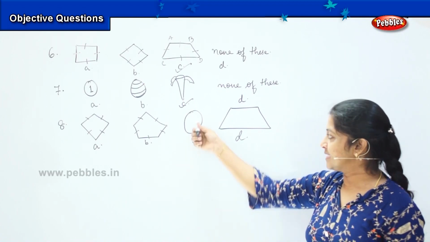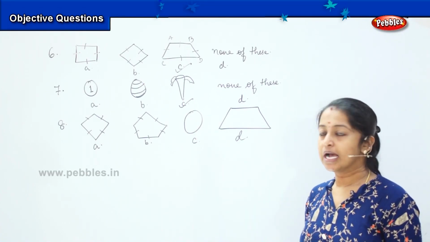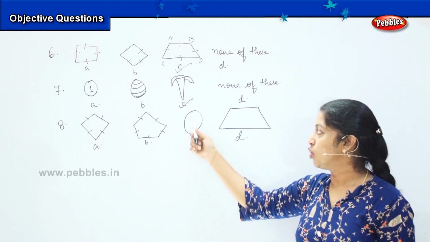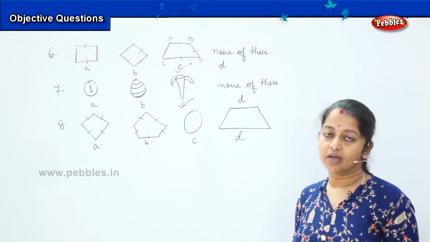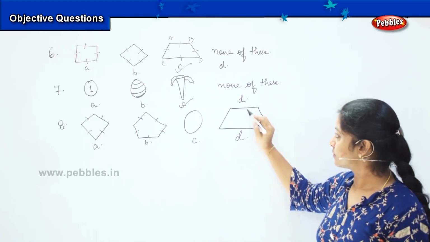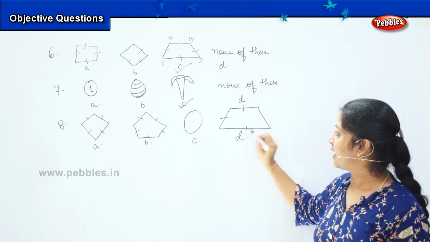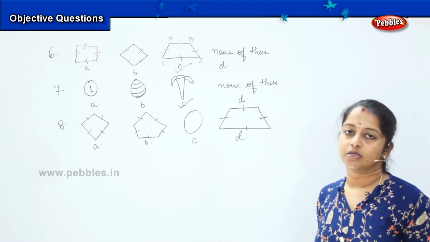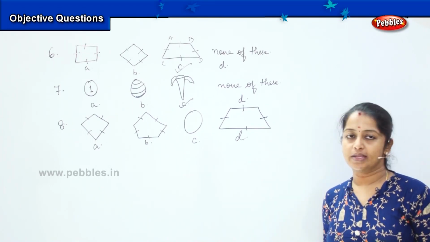Okay. How many sides does a circle have? A circle is drawn with a curved line. So that's why you have no lines formed here and you have no sides in a circle. What about the fourth one? 1, 2, 3, 4. It's a quadrilateral and it has 4 sides. So which do you think is the odd one out here?